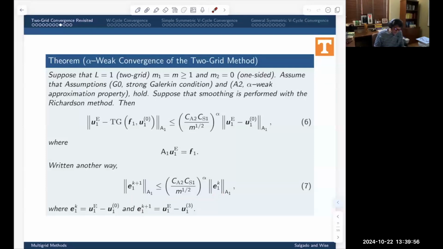And we can define the error at k just to be the error of the true solution minus whatever input we throw at the two-grid method, and the error after doing the two-grid method, or the error between the true solution and the output of doing the two-grid method, with this as my starting value. So that's how K1 and K are defined in this case.